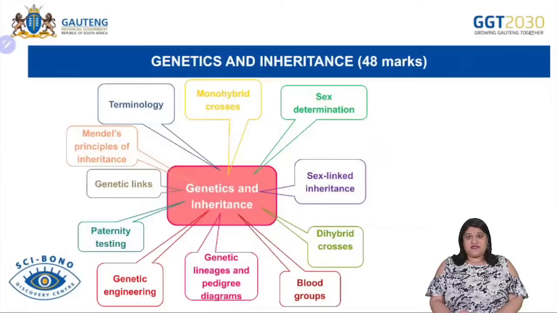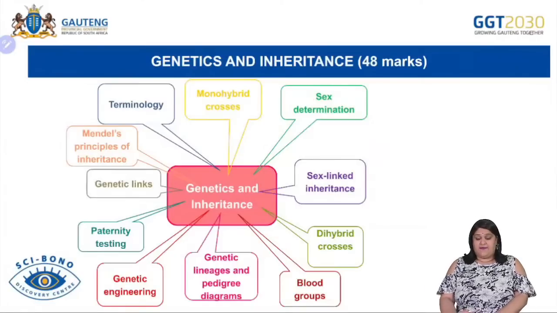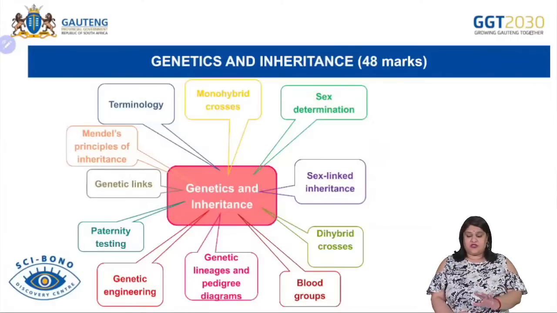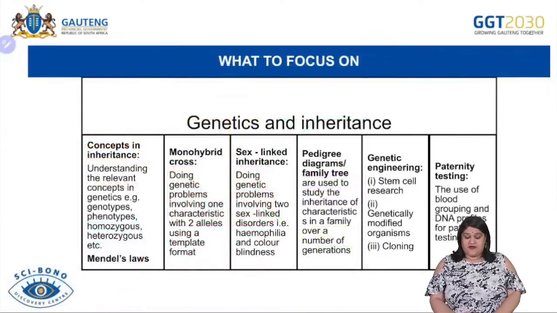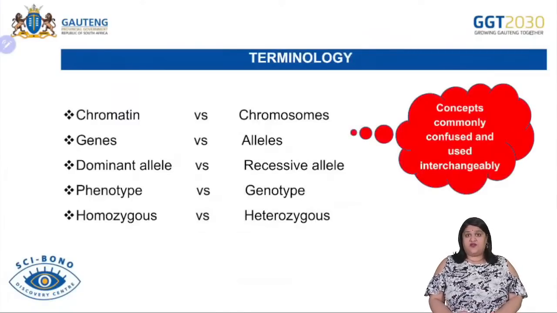We have monohybrid crosses, sex determination, sex-linked inheritance, dihybrid crosses, blood group, genetic lineages and pedigree diagrams, genetic engineering, paternity testing, genetic links, and Mendel's principles of inheritance. Not in this particular order, but just to show you these topics, please make sure that you know them. They should ring a bell as I've mentioned them. This just gives you also a bit of an overview on your genetics and the topics that you need to know. Right, moving on to the terminology.